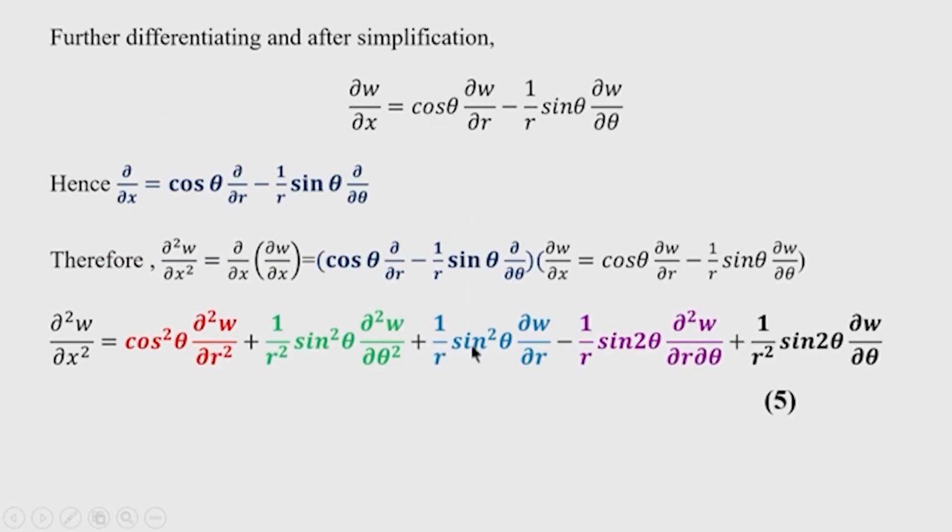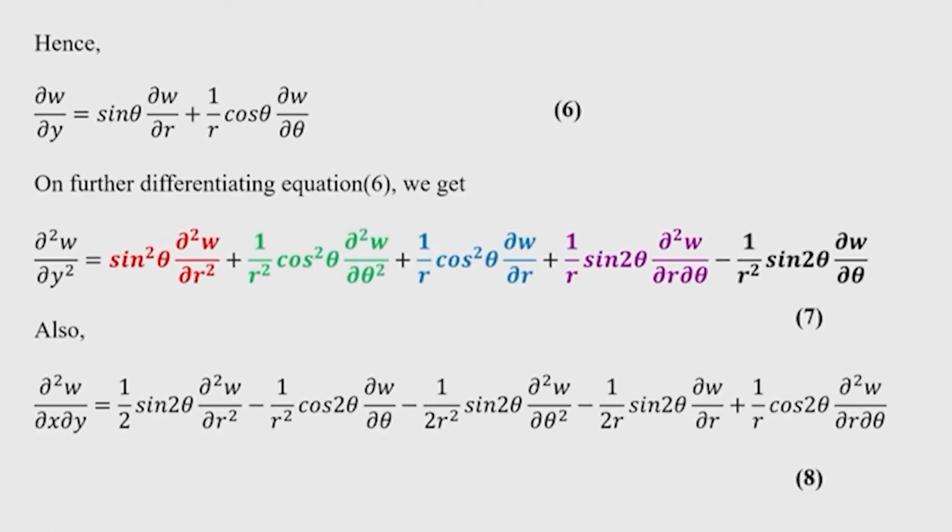Now, if I see the term 1 upon r sin square theta del w by del r, it is blue colored in equation number 5. In equation number 7 also it is blue colored, and the coefficient is with cos square theta.